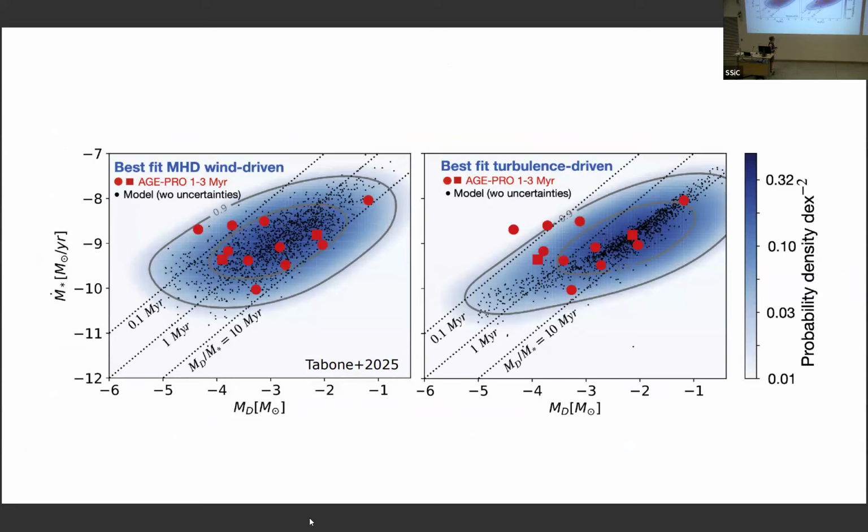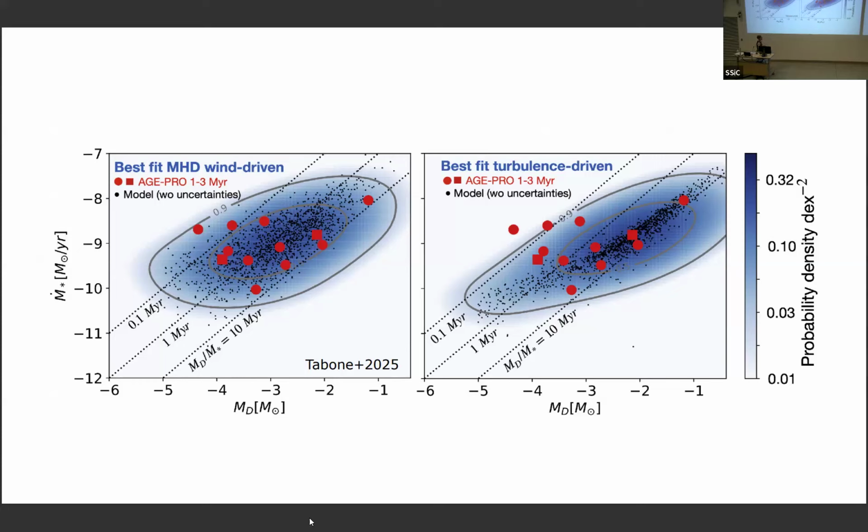Now, this other plot is also from a paper that does a comparison of theory with observations, now looking at what is the main mode for accreting gas from the disk onto the star. The data here are in red, and there are two panels because there are two different flavors, if you want, of models to explain accretion onto young stars.